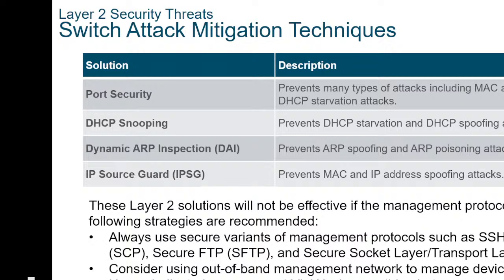There are definitely things that we can do, and one thing to think about in terms of these mitigations is that they are microservices on the actual switch itself. IP source guard, right?